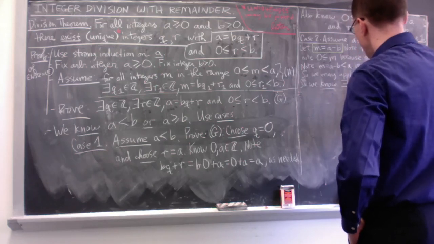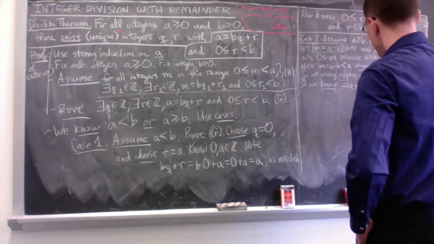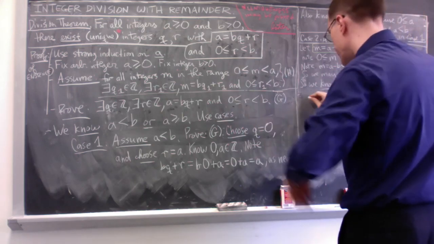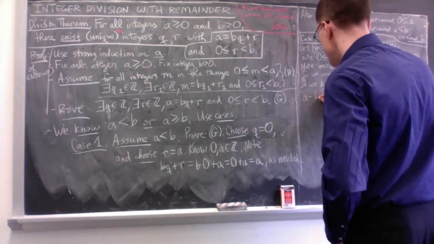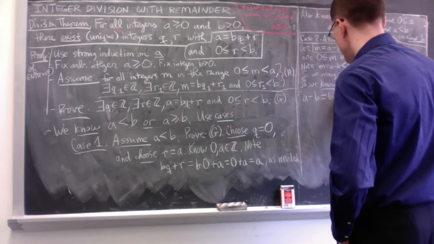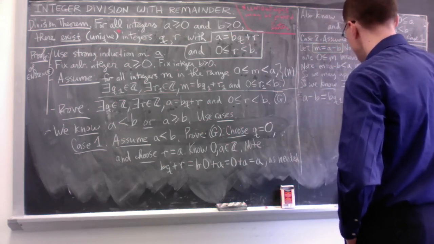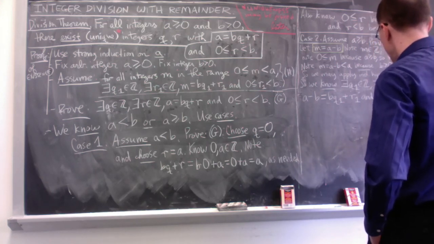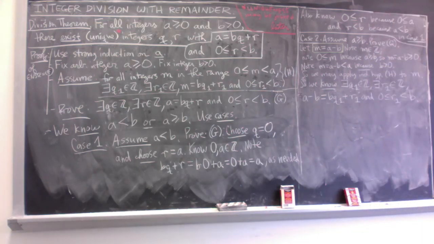There exists a q1 integer, there exists an r1 integer, where m, namely the m I picked, a minus b, is bq1 plus r1, and the remainder for m is small in the required sense: 0 less than or equal to r1 is less than b.